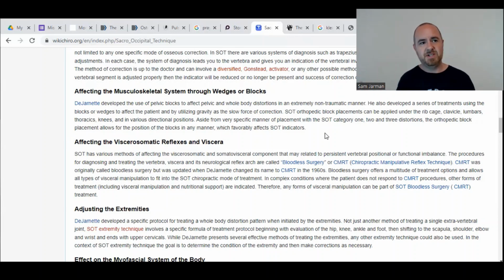So the person would just be sitting relatively still or laying relatively still with a wedge in a particular place, and they would breathe. He may be doing something else, but the wedging and waiting would do a lot of it, right? But what you can see with sacro-occipital technique is he wasn't necessarily localizing it to the cranium or the sacrum. He would wedge wherever. He would also work through the vertebral column.